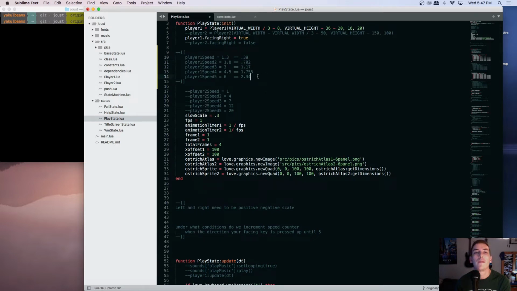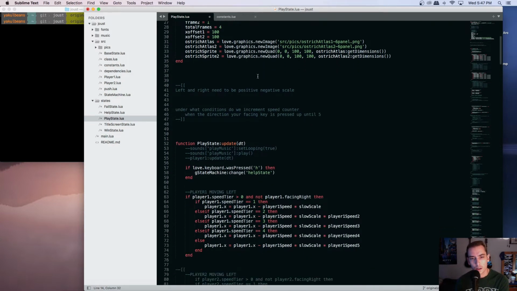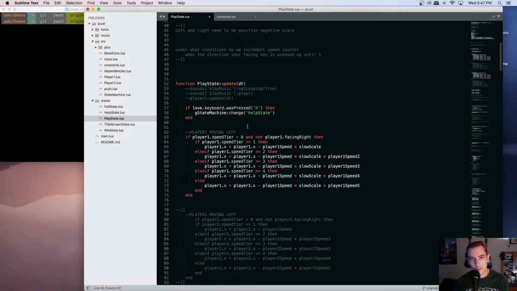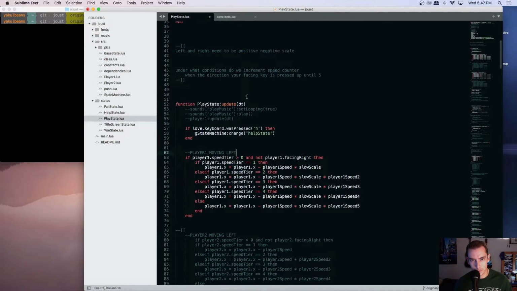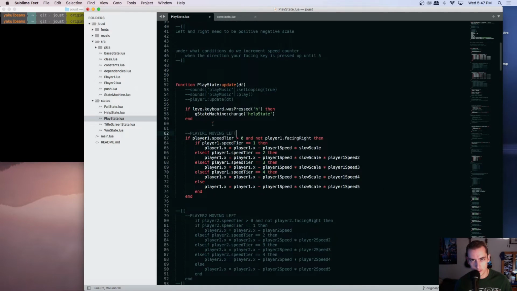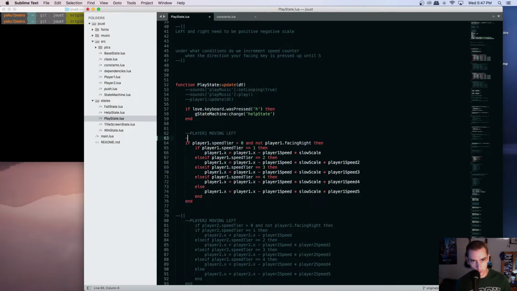So since we commented out this player speed, anything with player speed or player speed through 5, which is all of these, will no longer work now.